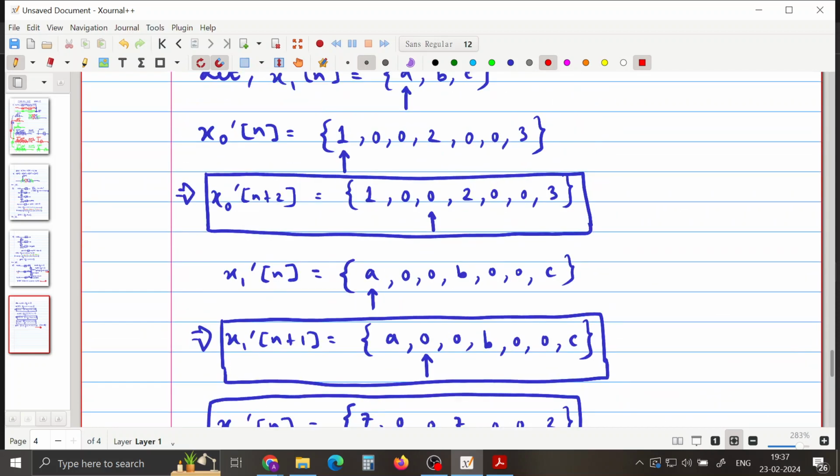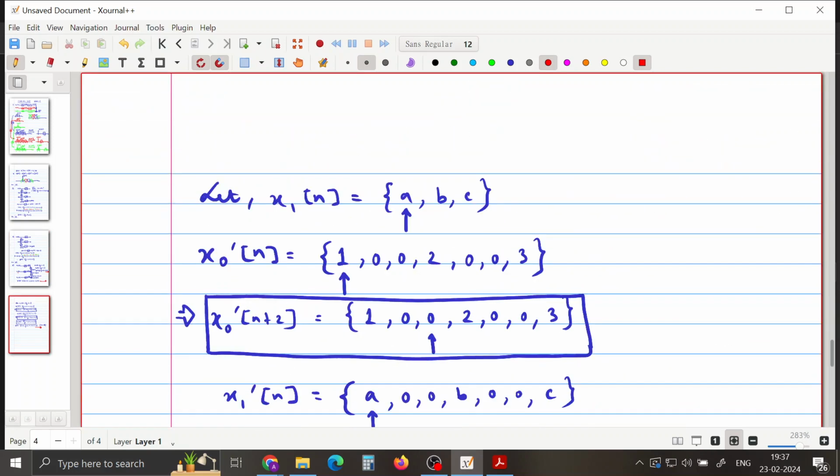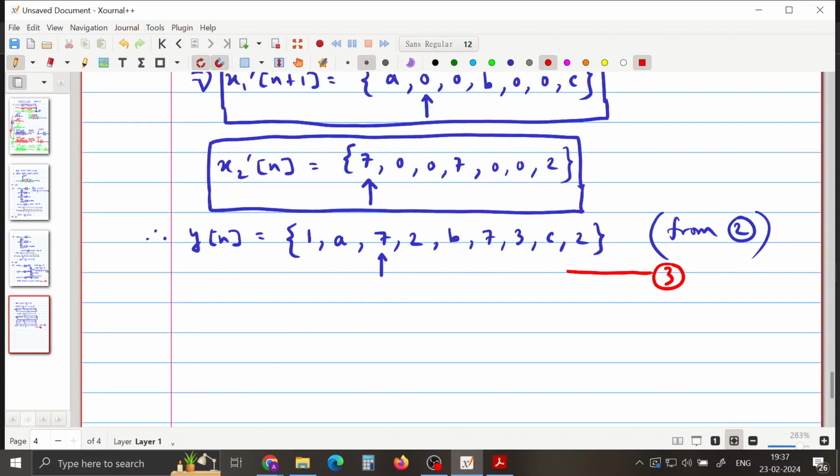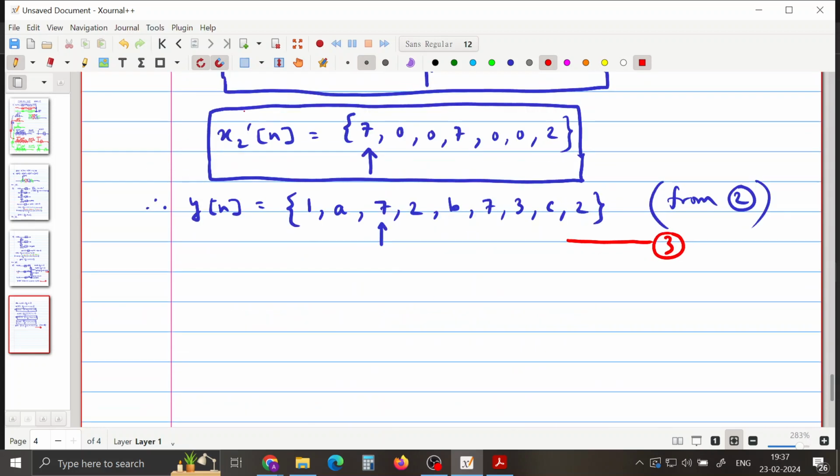But in equation 1 I know the complete picture of y of n. I know all the samples. So I can now compare equation 1 and equation 3 to find the values of a, b and c. And once I know a, b and c, I can find this x1 of n which is asked in our question, right? So that's it. Let's do that.